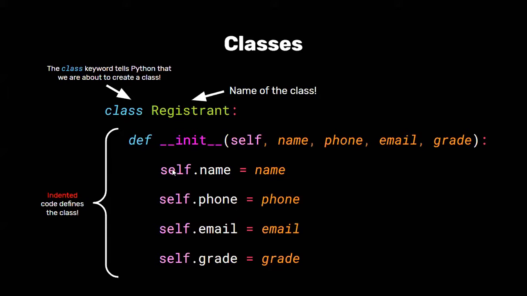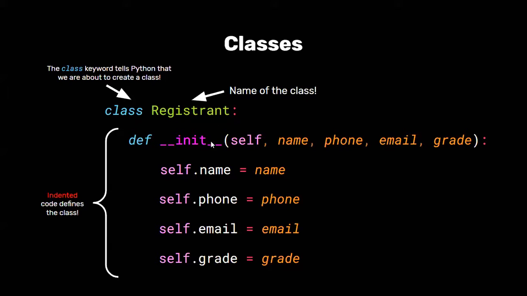So self is just sort of a weird variable. We can't actually set self to anything, but we can use self to get data out of it. You'll see the periods between self and all of these other variables. That's essentially the beauty of what a class is.